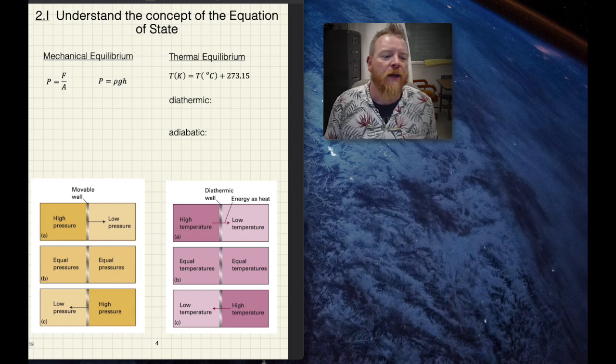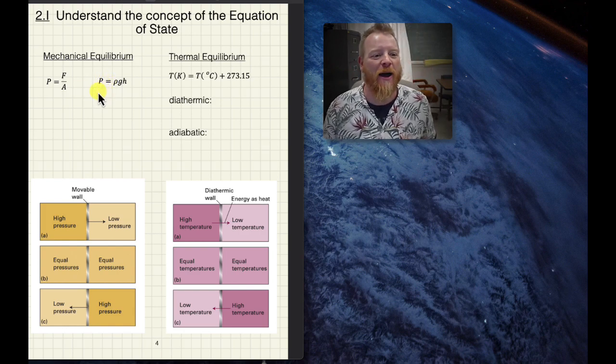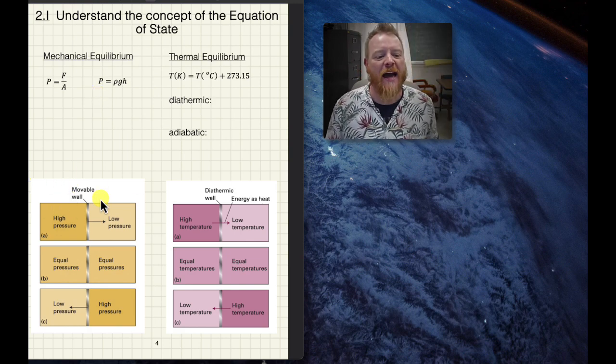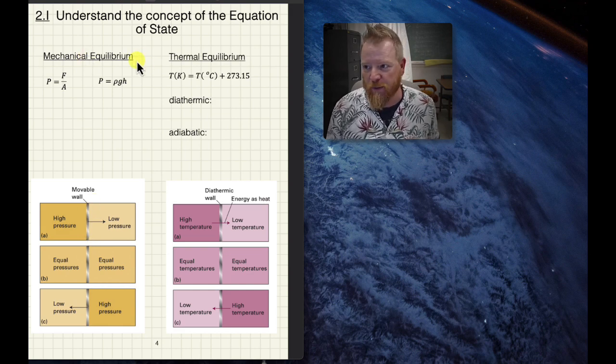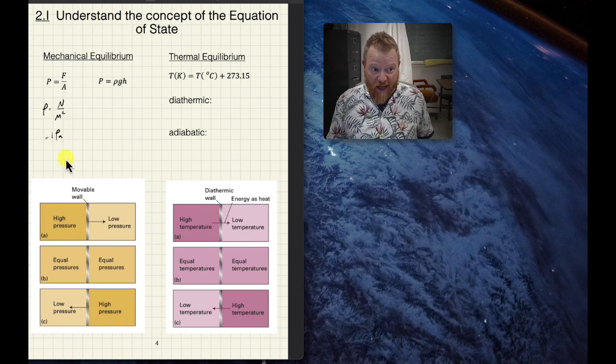So moving on, just a couple of physicsy things to talk about with respect to our gases. If we have two gases in containers with a movable wall, for example, they will be in mechanical equilibrium. So we remember that pressure is force divided by area. And that's where we get the Pascal from, right? If that's a Newton over a meter squared, then we know that that's equal to 1 Pascal.